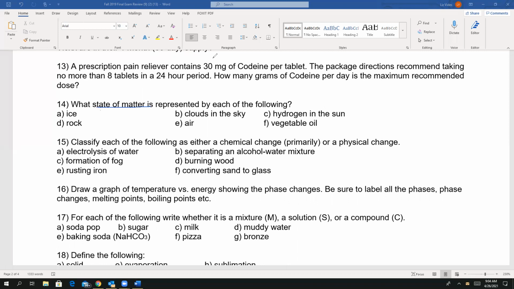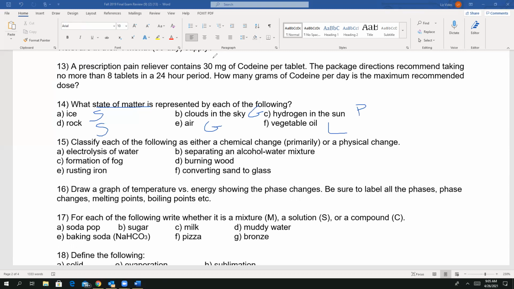Well, that would be a solid, right? A rock would also be a solid. Clouds would be a gas. Air would be a gas. Hydrogen in the sun, that would be plasma. And vegetable oil would be a liquid. And there you go.